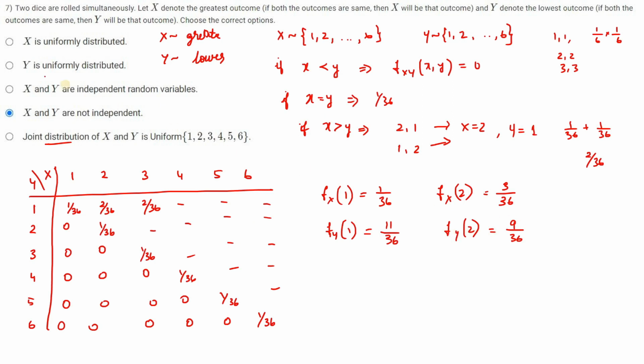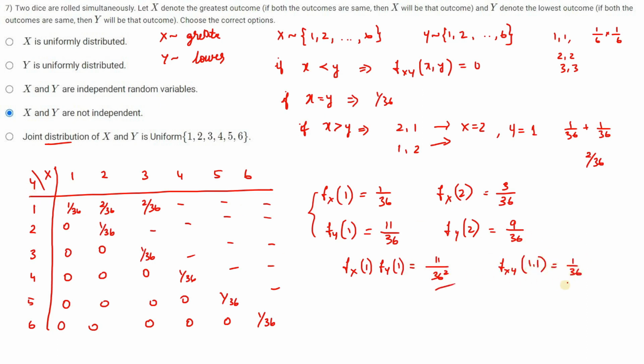So what about x and y? Are they independent? Let's say we have these two values. Let's find out fx of 1 into fy of 1, which is nothing but 11 by 36 square. Now what is fxy of 1 comma 1? That is nothing but 1 by 36.